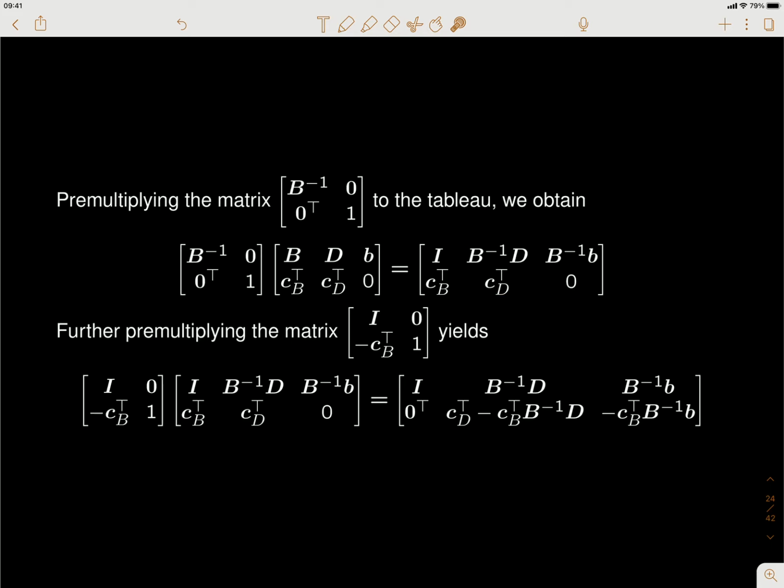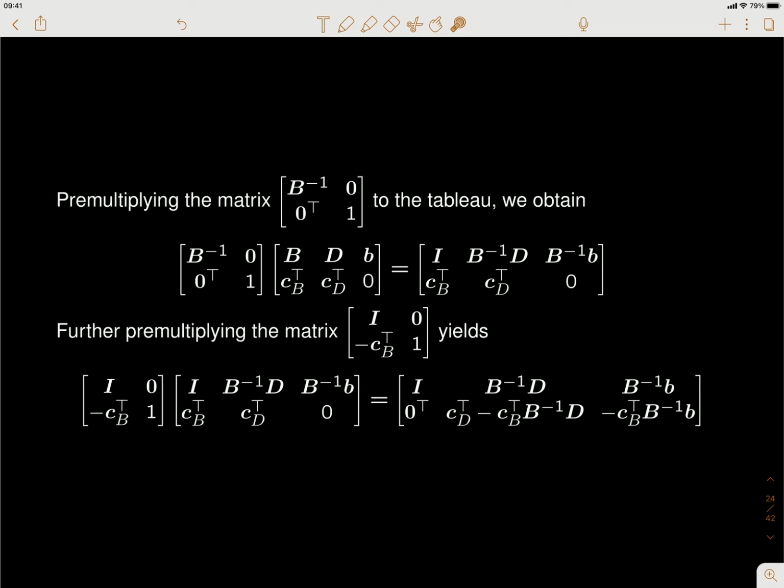Now, once we get this, we can see something familiar. This identity matrix we saw earlier. These are the coefficients that we use to represent the last n minus m columns of the matrix A by the first m columns of the matrix A. And B inverse times B is the basic variable. So this will be the potentially non-zero part of the basic solution.